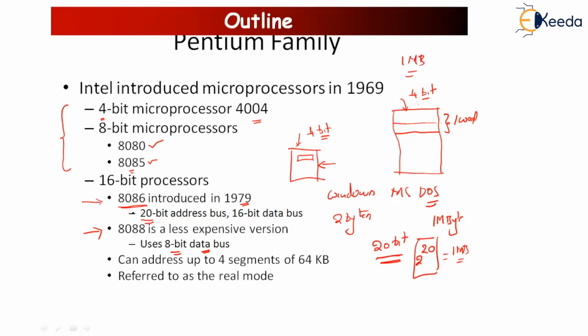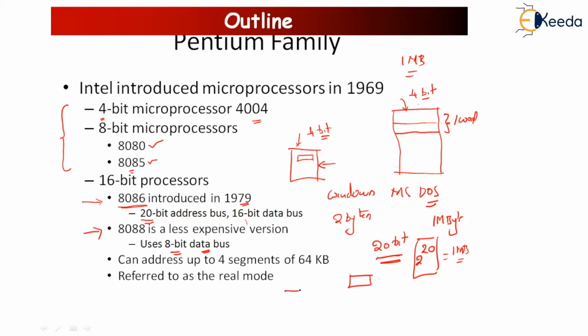Let us try to understand the difference between the 8086 and the 8088. The 8088 is an extract version of the 8086, but it is not a simplified version. All the features of the 8086 have also been incorporated into the 8088, with minute changes to make it more flexible and cheaper. In the 8088, you need to understand that the data bus size was 8 bits, which means that one word is equal to 8 bits, but not 16 bits.